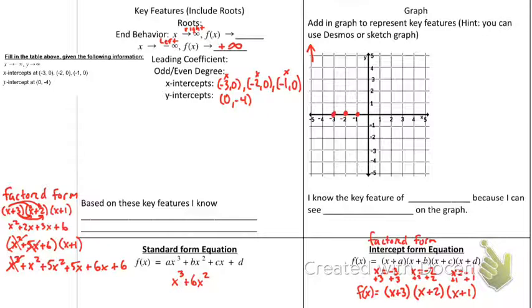Okay, so he is gone and gone. All right, and then we go here, 5x plus 6x, that's positive 11x. And then we bring down the positive 6, and this is in standard form.